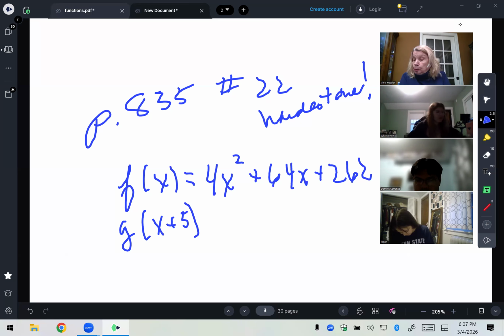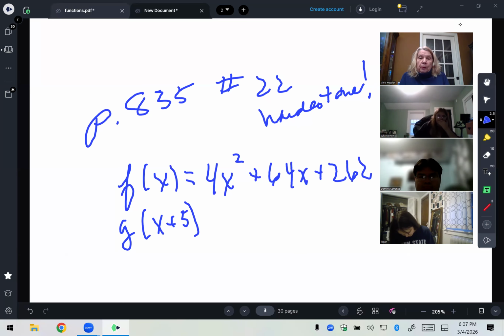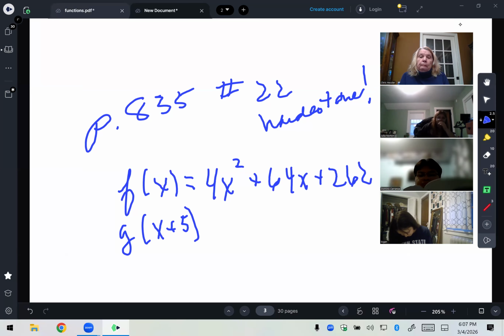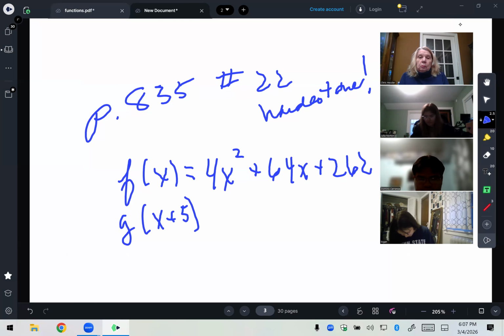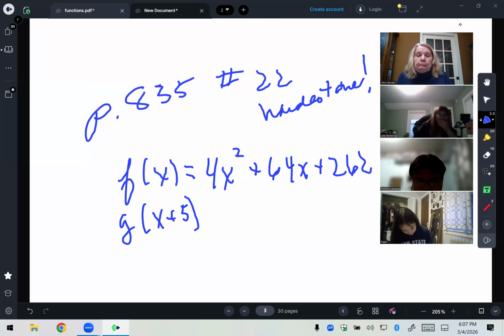We could put x plus 5 in for x in our entire f function using substitution and figure out what the g function is. But it is going to be much faster to just figure out where the vertex was in f of x, and then move that 5 to the left.